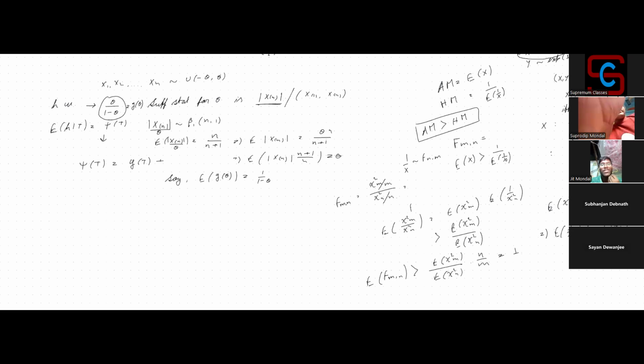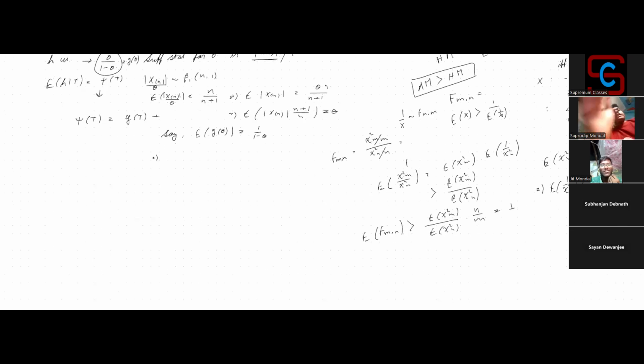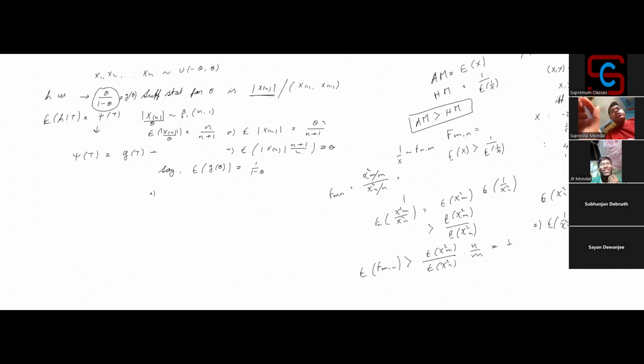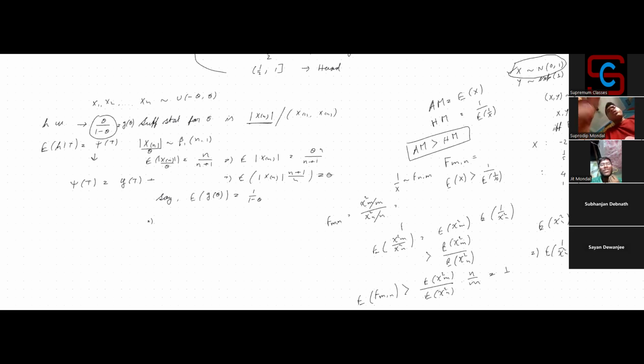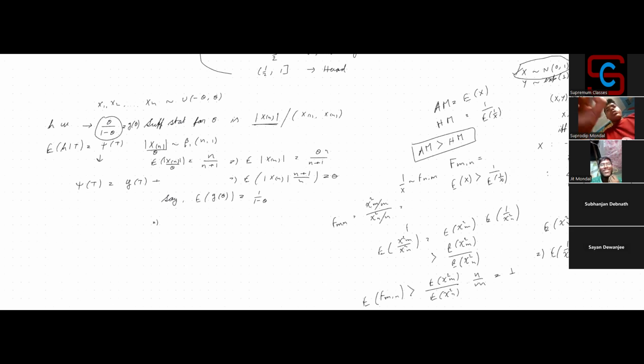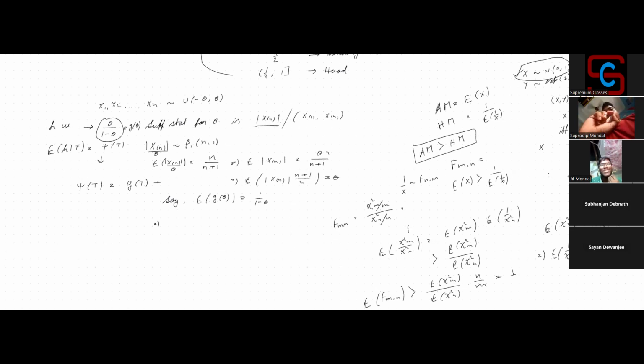Actually, you need to define g of theta equal to 1 by 1 minus theta. Why do you need to have any expectation? Your g is a function of theta, no? G is not an expectation. G will be a function of your statistics, right? Yes, sorry.